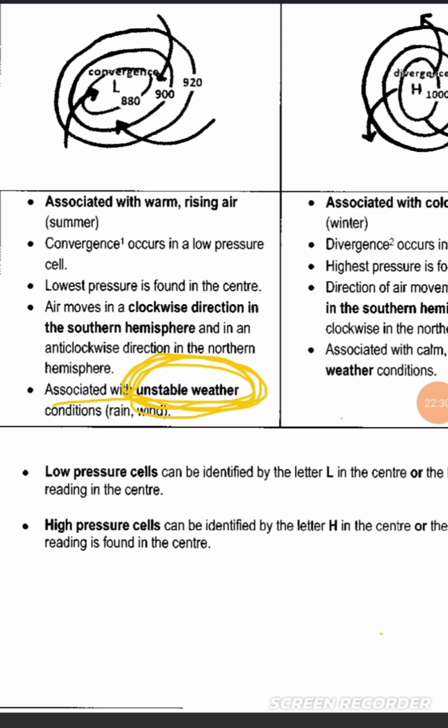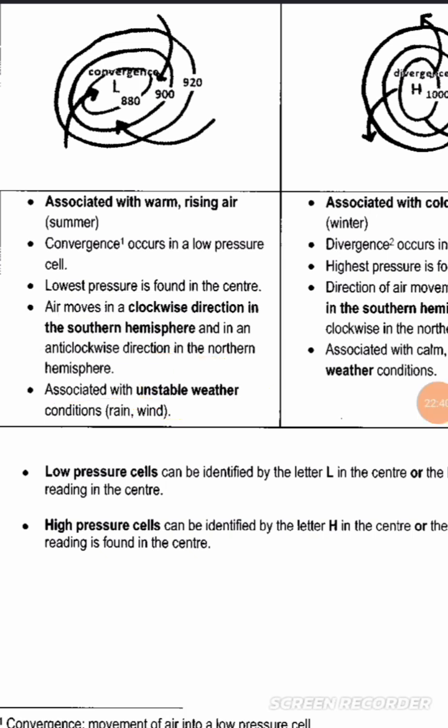So unstable weather conditions, which may be rain or wind. This is the weather associated with the low pressure cell. So let's move.